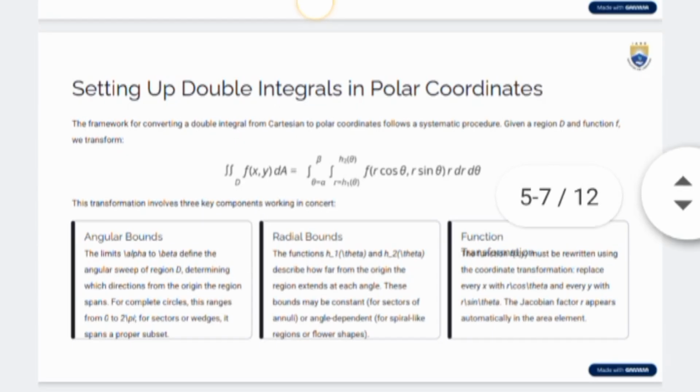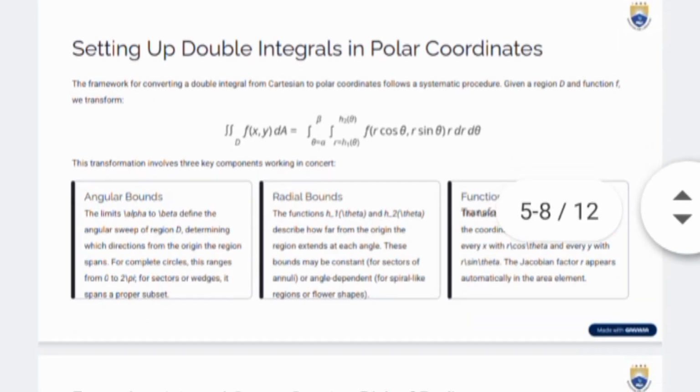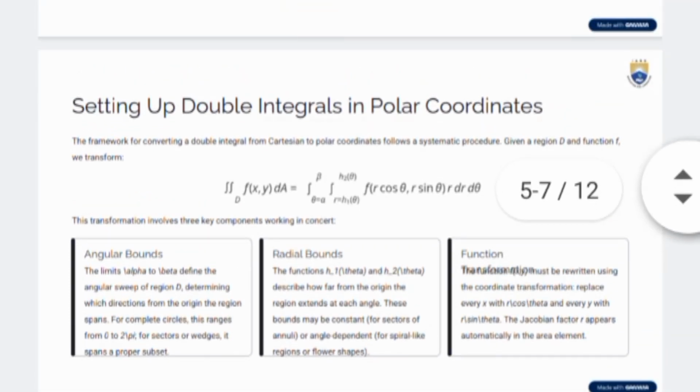These bounds may be constant. The function needs to be rewritten using the coordinate transformation, replacing every x with r cos theta and every y with r sin theta.